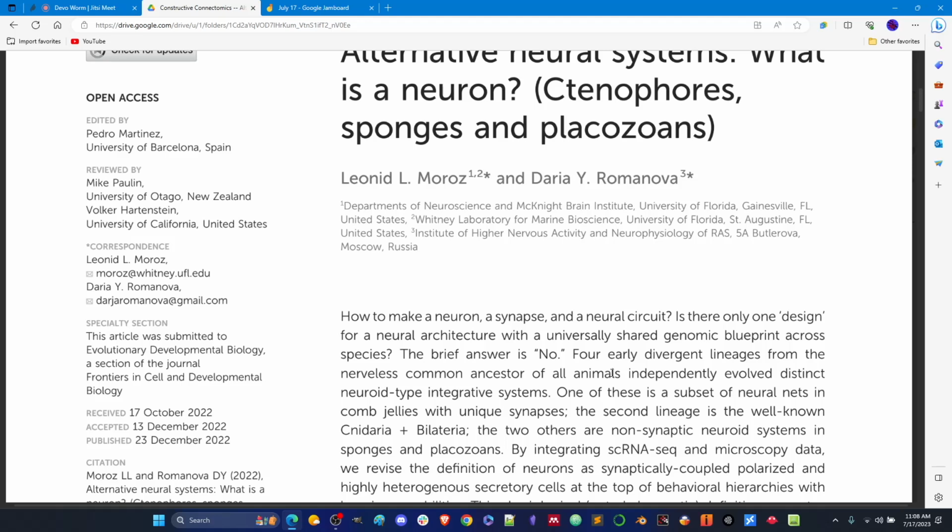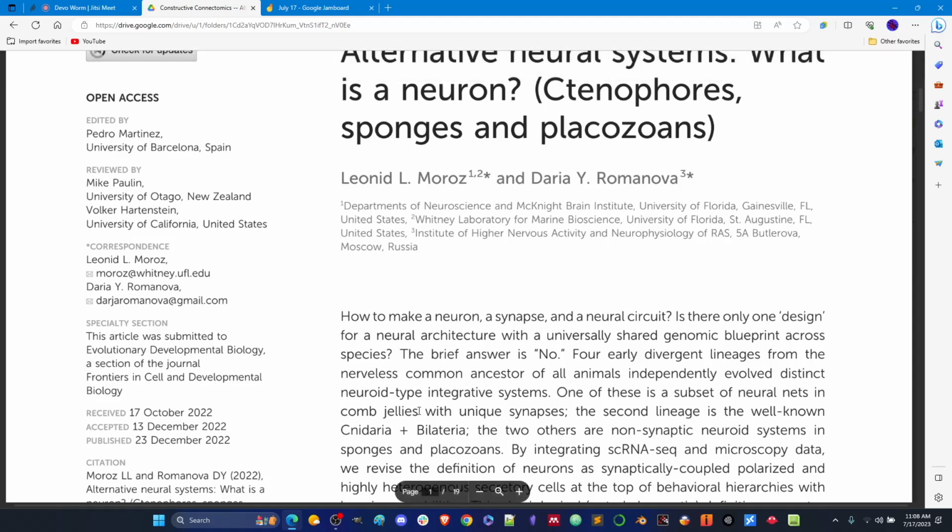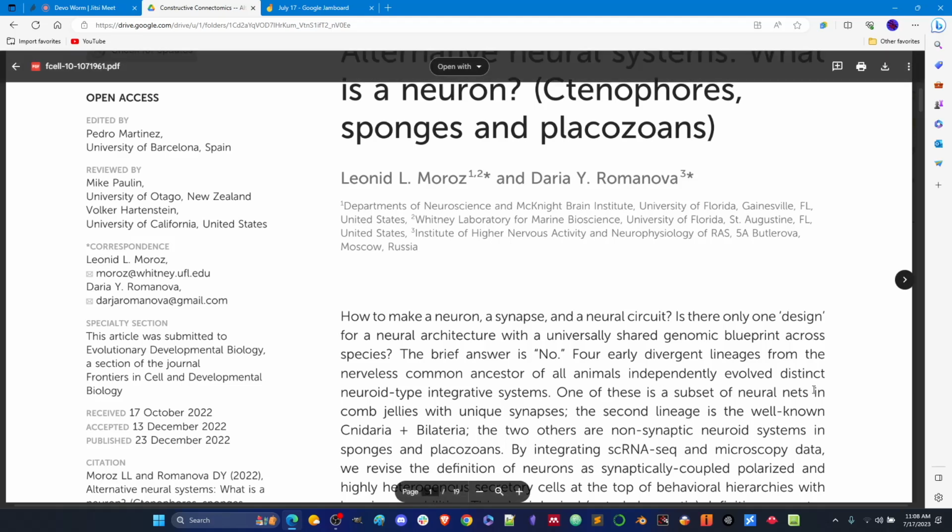There are some really interesting types of what they call neuroid type integrative systems. There are a lot of different types of these in animals. One way is, of course, the way we're familiar with. Another way is where you have, say, comb jellies with unique synapses. So one of these is a subset of neural nets and comb jellies with unique synapses.